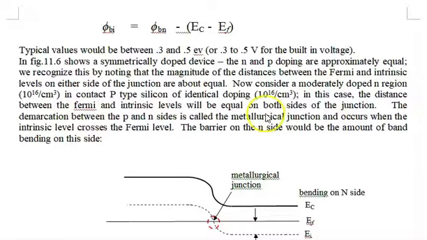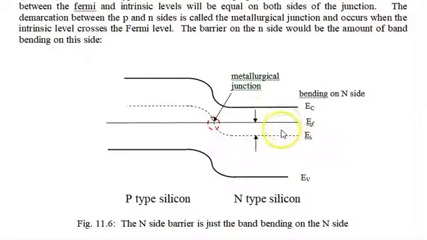So 10 to the 16th gives us a difference between the Fermi level on the N side of 0.36 and also a difference of 0.36 eV on the left side for the P. The way that I remember that is, 10 to the 15th is 0.3 eV, 10 to the 16th is an order of magnitude greater, and whenever we increase the doping by an order of magnitude, the difference between the Fermi level and the intrinsic goes up by 60 millivolts.